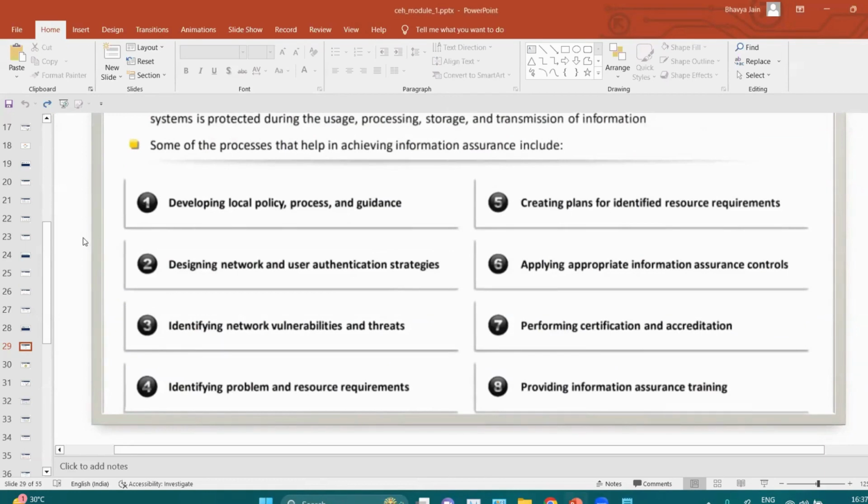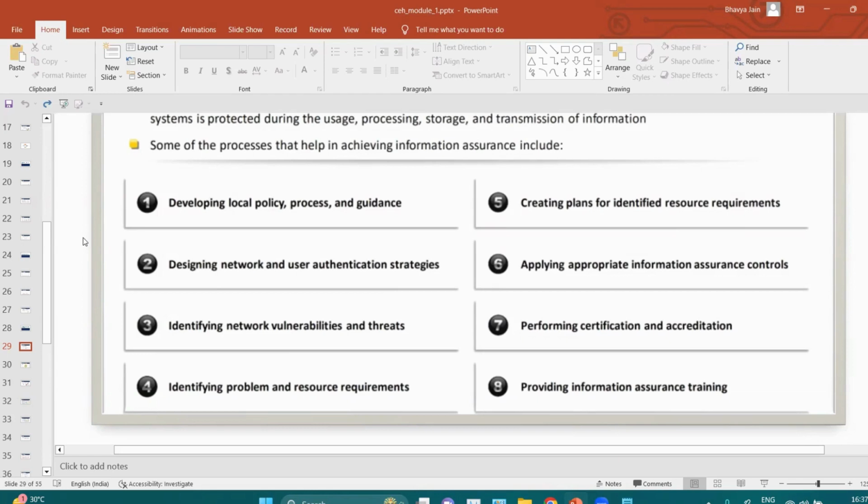Okay, which is like policies are the first and foremost important for any company. So we are developing the local policies, the procedure and guidance so that everyone in the company can follow that. Okay, then designing the network and user authentication strategies. Then second is network. So first we can secure the network, then only we can secure the devices which are inside the network.